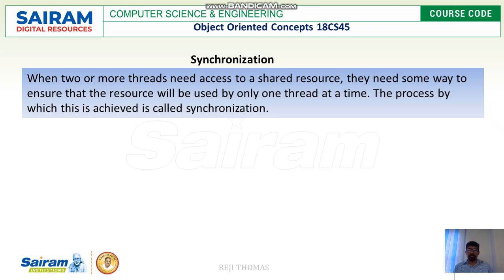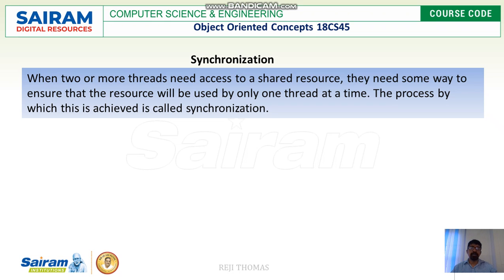So let us see how this can be overcome. Let me repeat, when we create two or more threads, we need some way to ensure that resources will be allocated or used by one thread at a time. The process by which we achieve this, we call synchronization.